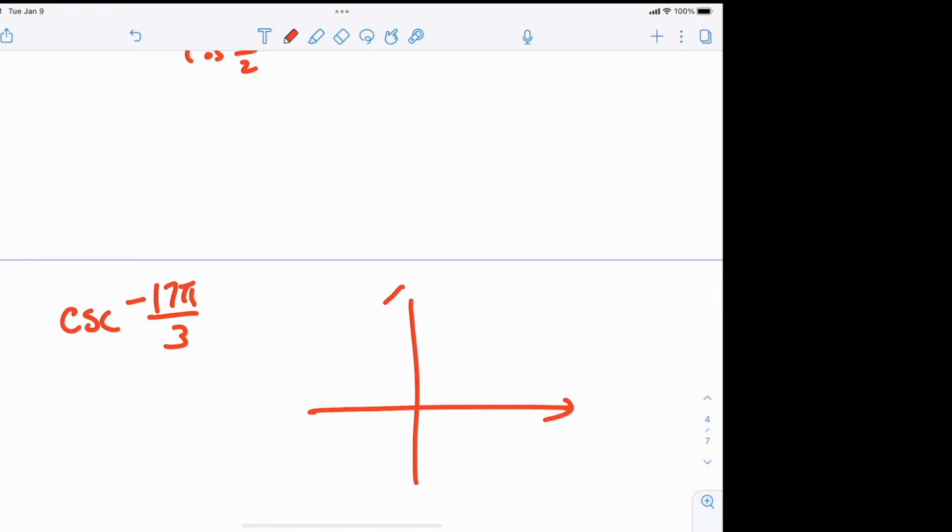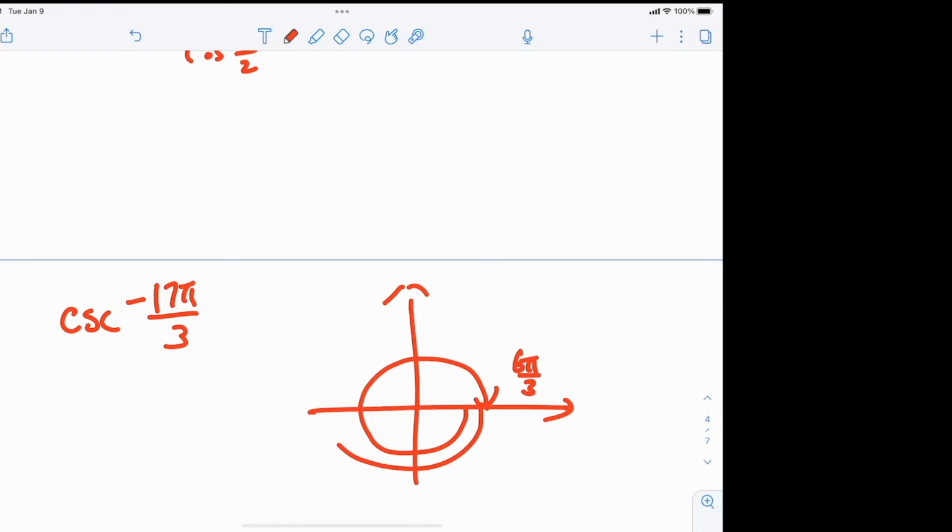Okay, so let me check. So let's check. If I rotate once, how much angle is that, in terms of radians? 2 pi, and 2 pi is 6 pi over 3, right?